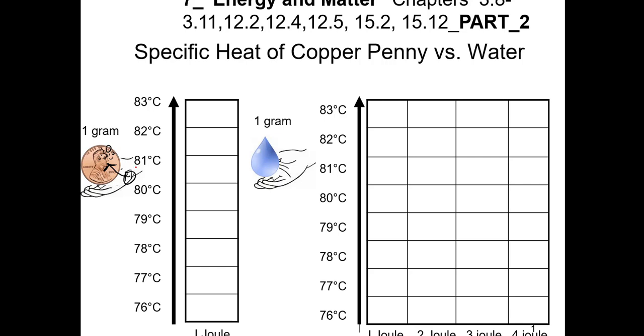Temperature is the sum movement of particles within a substance. As I hold the copper penny, the heat energy is going to transfer from my hand to the copper penny. And using this table right here, the longer I hold it, the higher the temperature will go up, from 76, 77, 78, 79, and so forth.